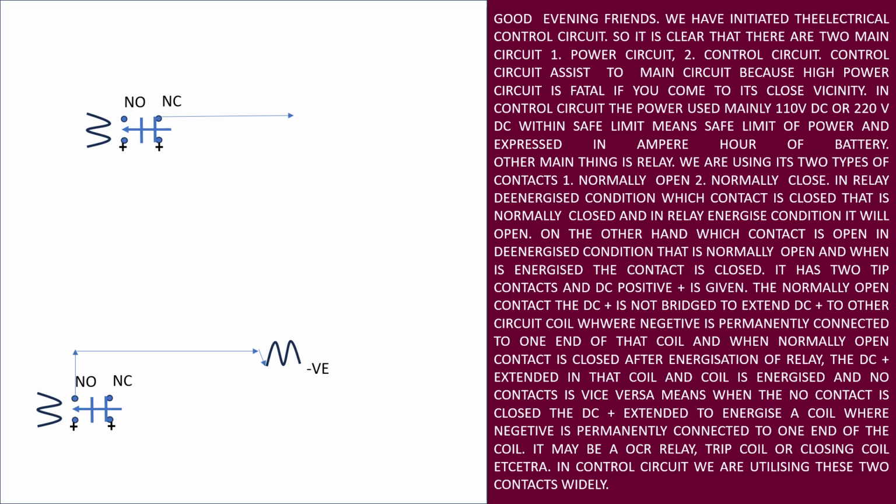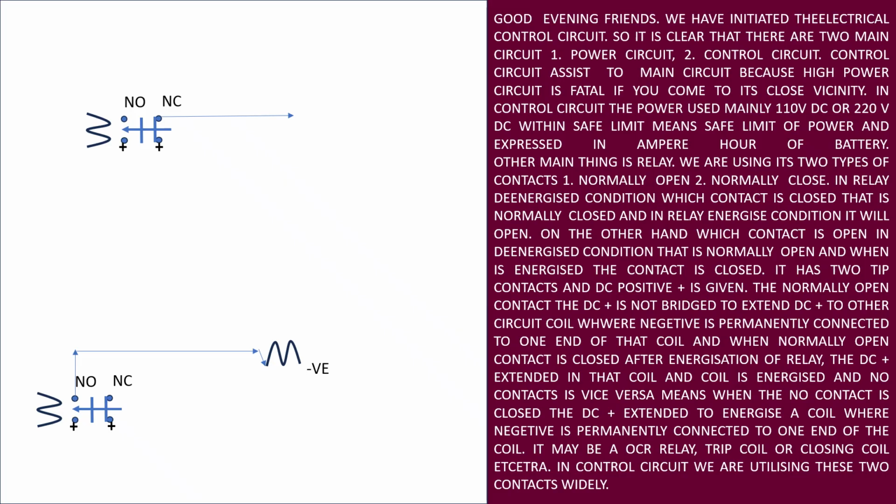This positive will be extended through the normally closed contact as it is bridged in de-energized condition. Another contact is normally open. DC positive is also given here, and when the relay coil is energized, the contact will be bridged and the DC positive will be extended.